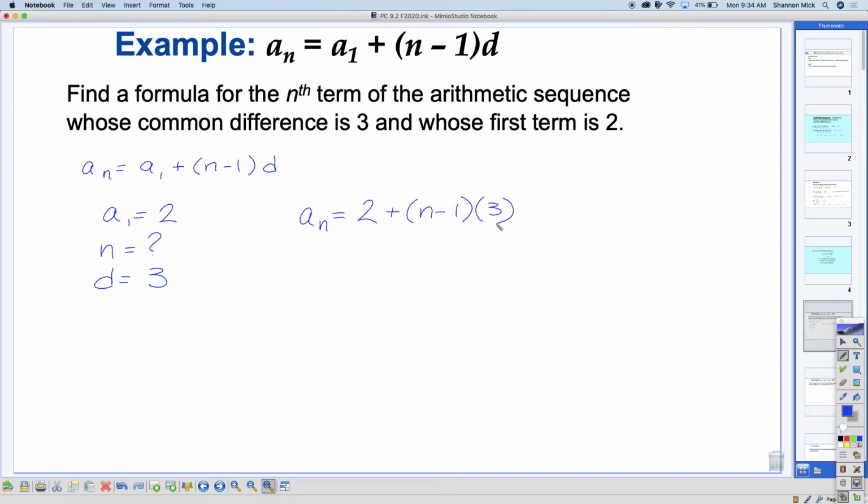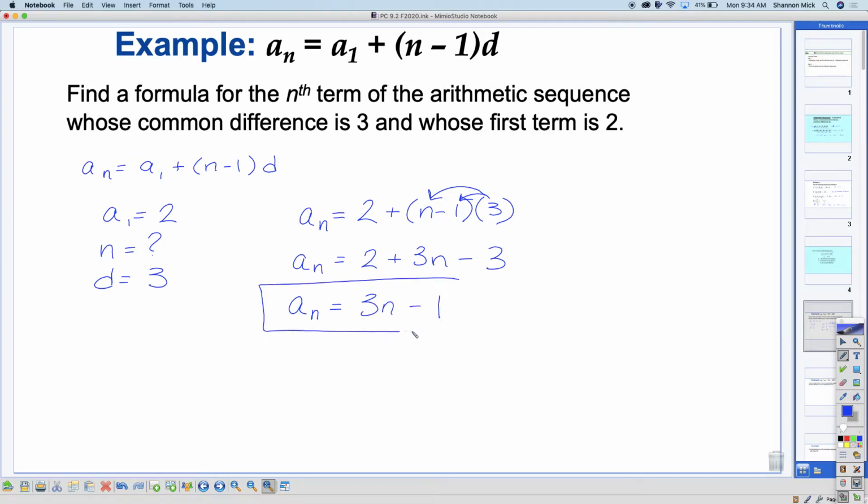That's horrible, ugly. You've never had an equation given to you like that, have you? So I need to do what with it to simplify it? I need to distribute the 3, yes? So I have a sub n equals 2 plus 3n minus 3. So a sub n equals 3n minus 1.